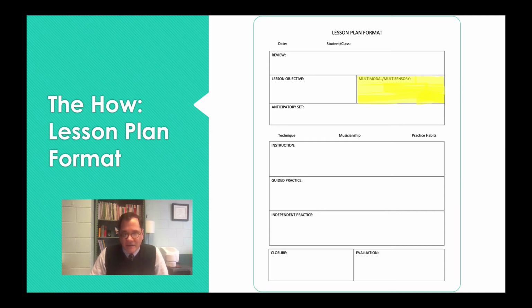And so I have a box, it's highlighted here, and it's dedicated to multimodal and multisensory exercises. Let's say, as an example, that on the agenda for a class is whole steps and half steps. Well, in the multimodal, multisensory box, I can have that they are looking at them written with pencil and paper, but also singing them with hand signs that they are pointing to, and also we step them.